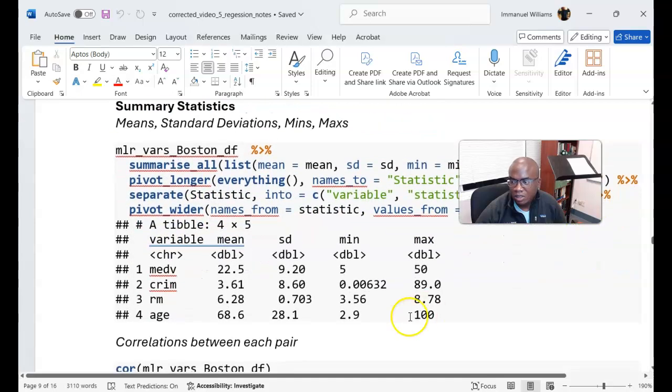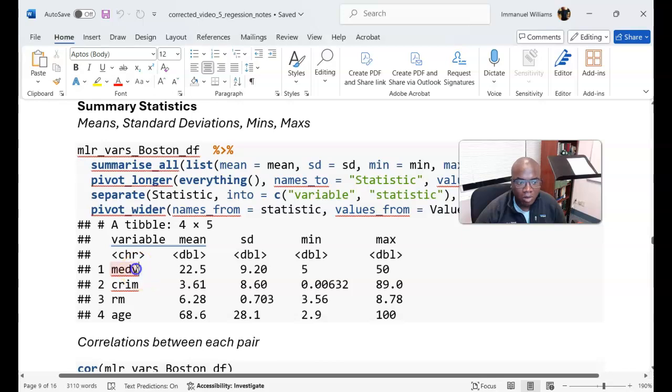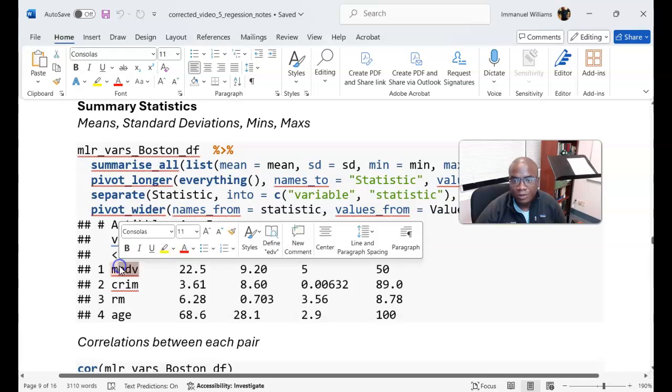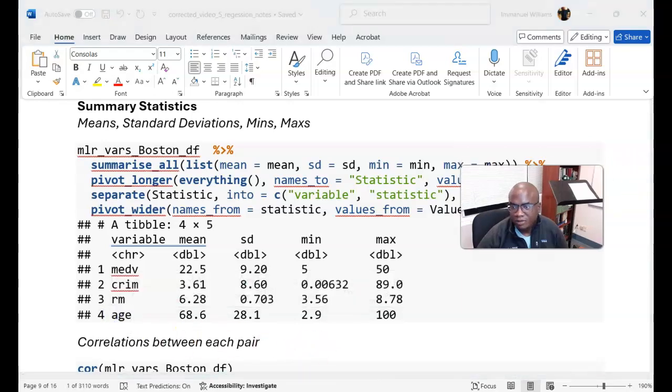So let's look at it like this. Here is our data, or at least a summarization of our data. We're going to let median value of the home be our response variable. And then crime, average room amounts, and age are going to be the explanatory variables.